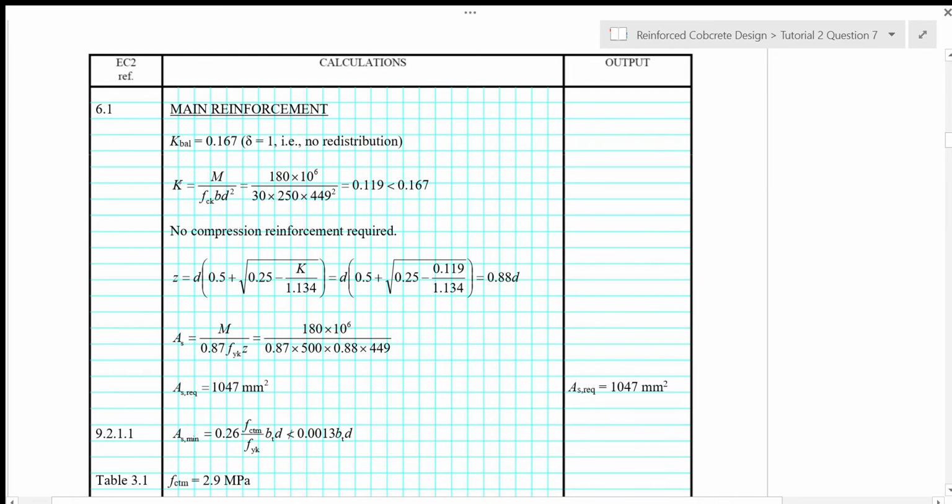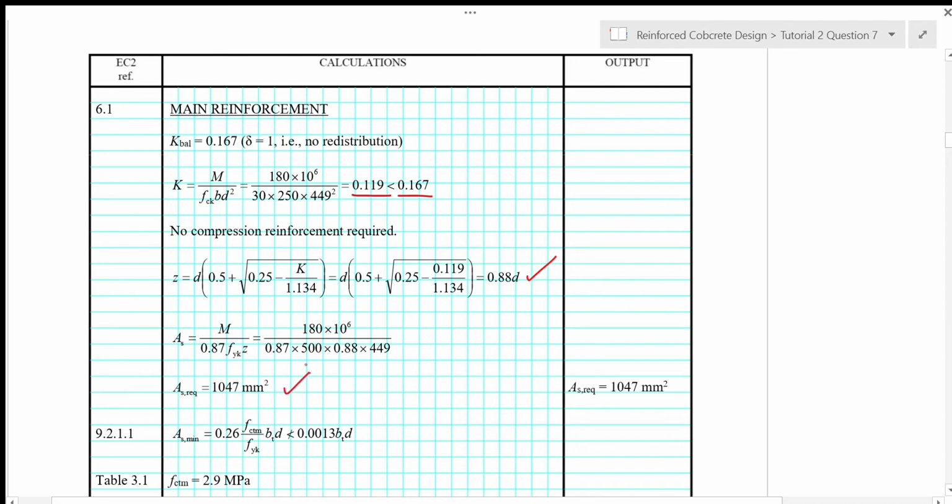So we calculate K, which is M over fck b d squared, and it gives 0.119, and this is less than K balance, so no compression reinforcement is required. After that, we calculate the lever arm z, which is 0.88 d, and then we calculate As, which gives As required of 1047 square millimeter.